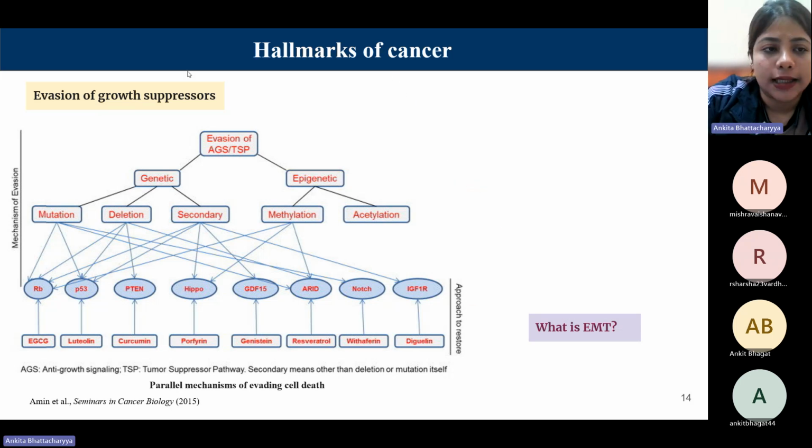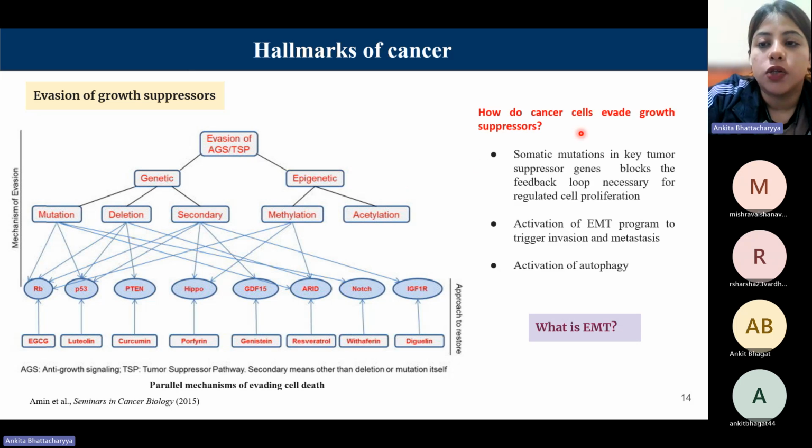Somatic mutations in these key tumor suppressor genes block the feedback loop, which is necessary for regulated cell proliferation. Activation of the EMT program also triggers invasion and metastasis. And finally, activation of autophagy. All of this helps in evasion of growth suppressors.